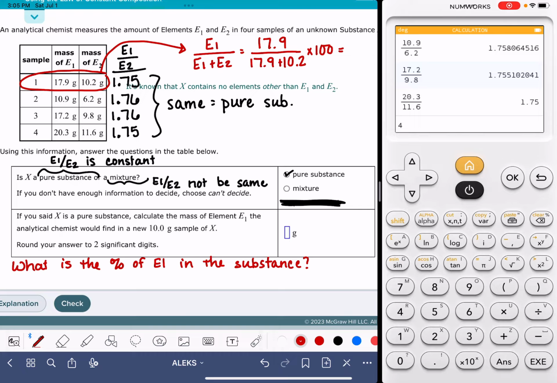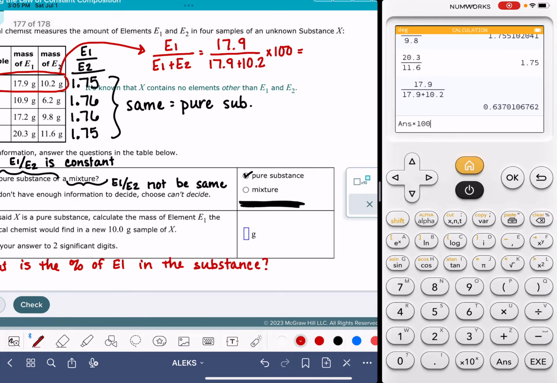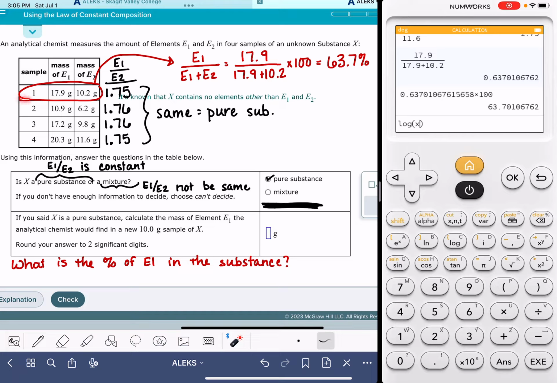Let's do that math. 17.9 divided by 17.9 plus 10.2, multiplied by 100, is 63.7%. So what we just determined was that for sample number 1, 63.7% of that sample comes from E1, and the rest of it, the 36-ish percent, comes from E2.